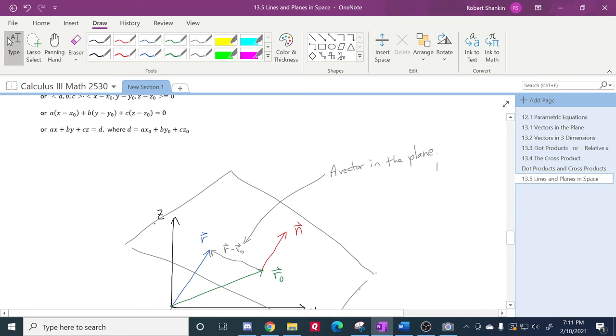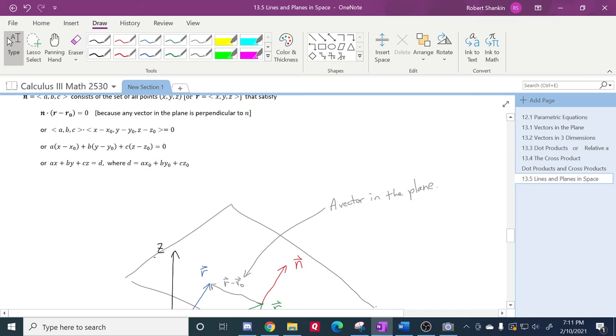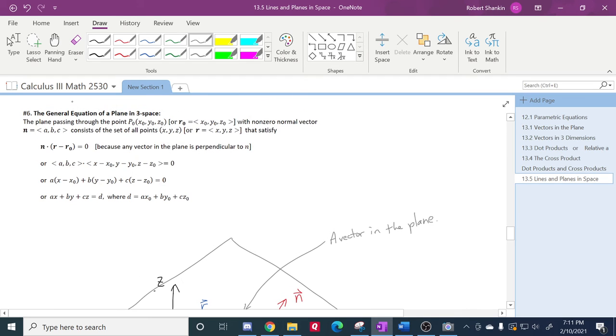And the set of all points in the plane is really what r is. So that when you take r minus r0, you are going to get a vector in the plane, r minus r0. It's a vector in the plane.